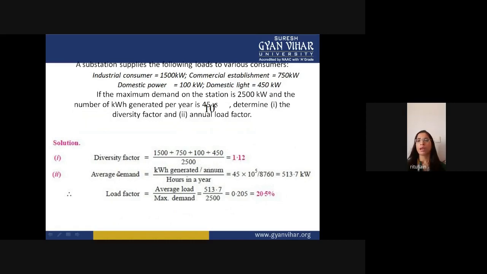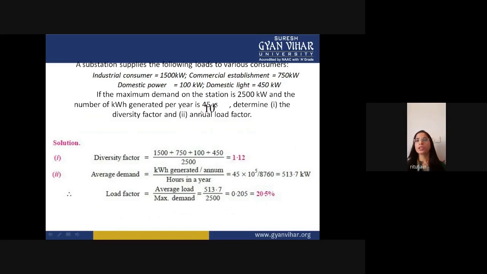Now the average demand. The load factor of the substation is average load divided by maximum demand. To calculate the average load, you have to use this formula: energy generation per year divided by hours in a year.